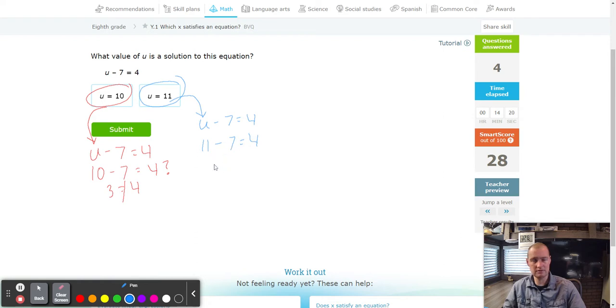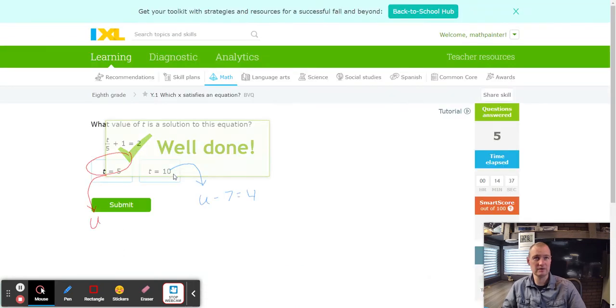And 11 minus 7 is 4. Here it is, 4 equals 4. And we'll put a little check mark there because that works. So we're going to go ahead and choose U equals 11 and turn that in.